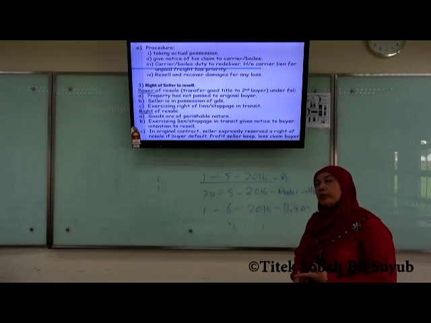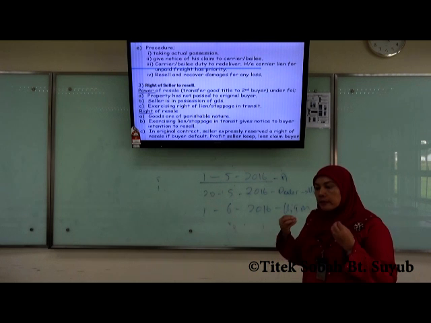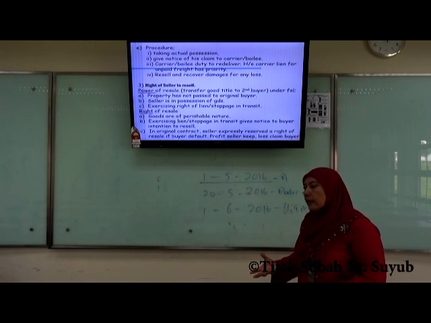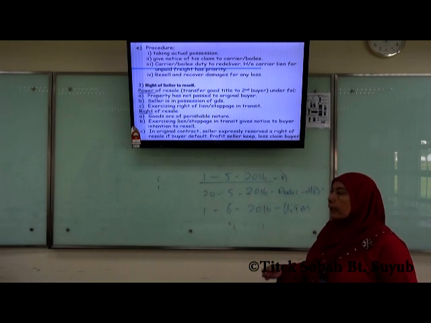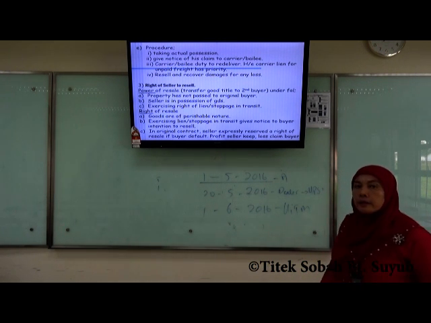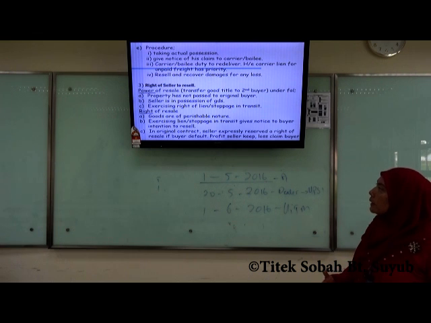So especially if the goods are perishable in nature, meaning the goods can easily become rotten. Then under that situation, if let's say the buyer refuses to take delivery or to accept the goods, then what can be done by the seller? He can sell it to a new buyer because this item can become rotten easily.